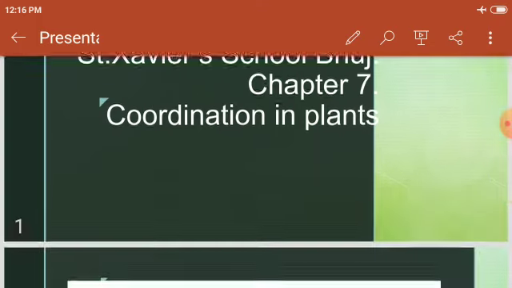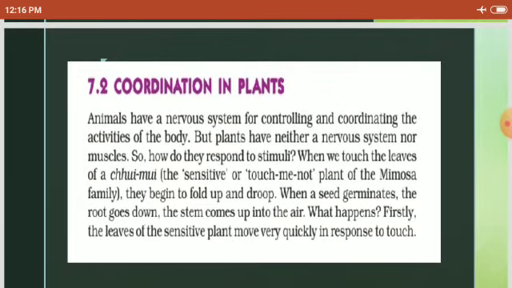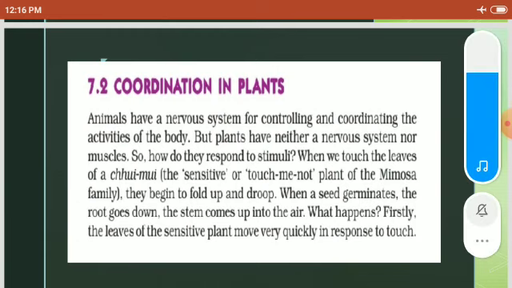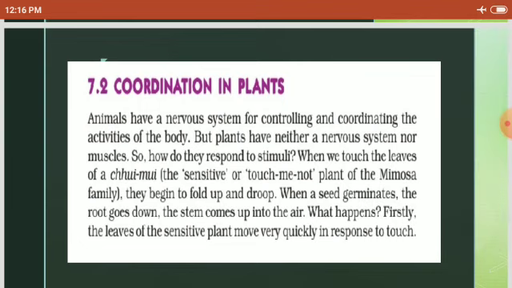Animals have a nervous system for controlling and coordinating the activities, but plants have neither a nervous system nor muscles. So, how do they respond to stimuli?